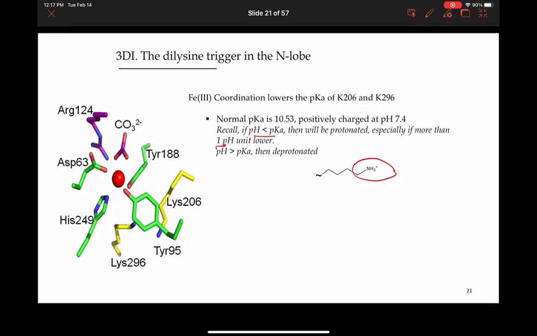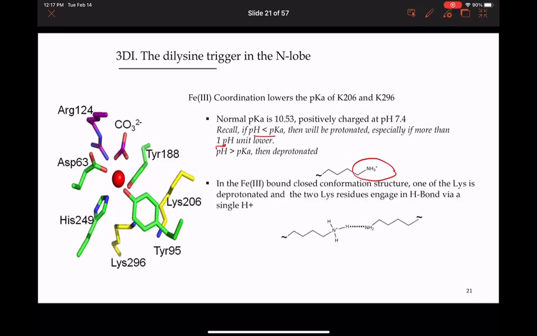But it turns out that when the iron is bound to this metal binding site, these two lysines, so here at the N site, lysine 296 and lysine 206, well, one of them is actually deprotonated. And so that's actually a really important feature that metals have. They have the capacity of deprotonating things.